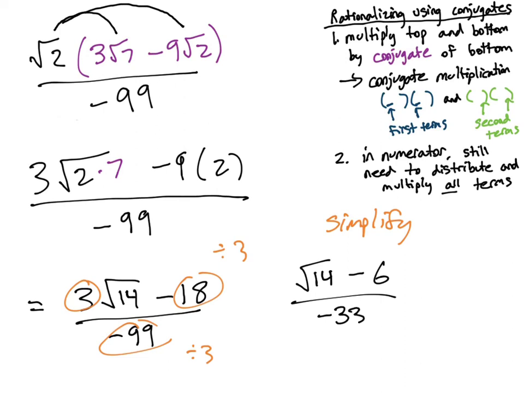We could leave that negative in the denominator of a fraction, but it's usually more common to put that negative into the numerator of our fraction. So we could also write this as negative square root of 14 plus 6 in the numerator with positive 33 in the denominator.